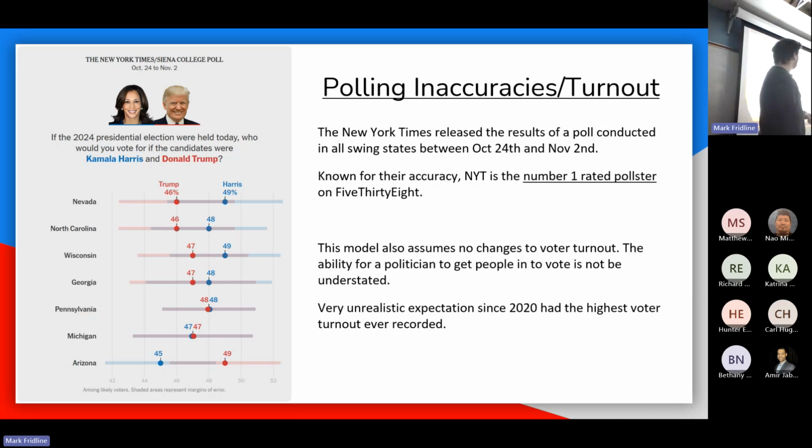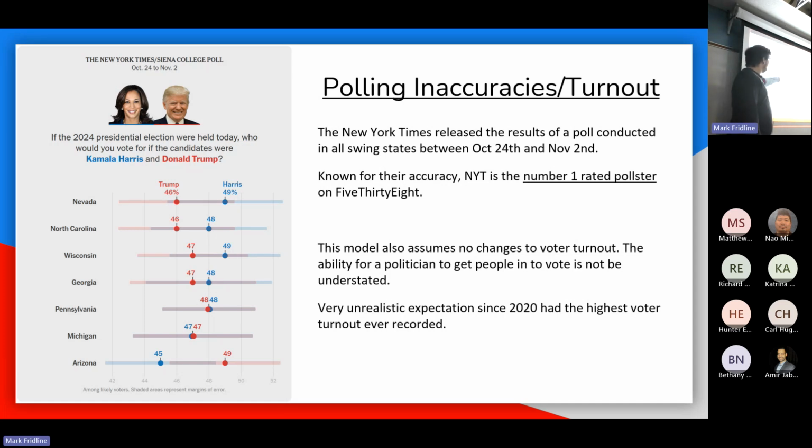The New York Times released the results of a poll conducted in all swing states on November 2nd. Known for their accuracy, the New York Times is the number one rated pollster on 538. They did not nail it this time.